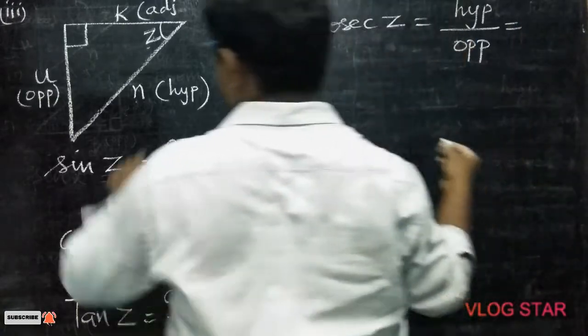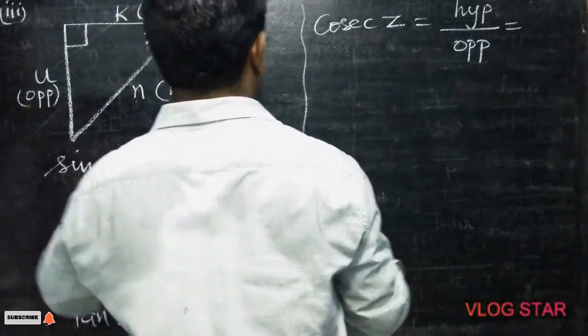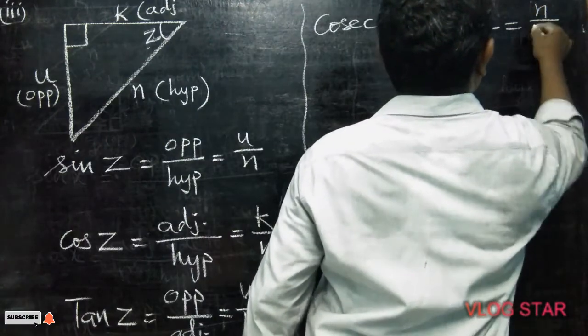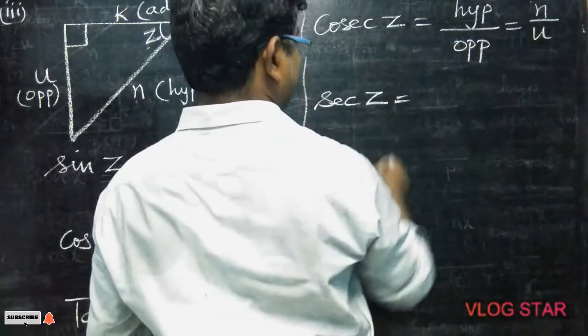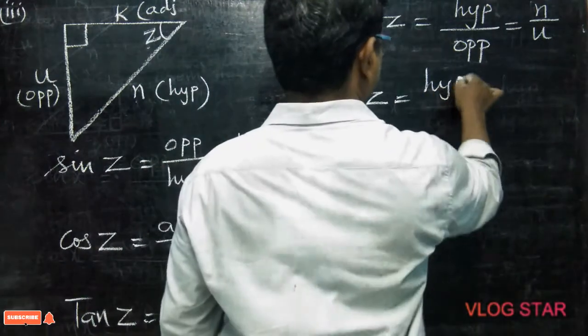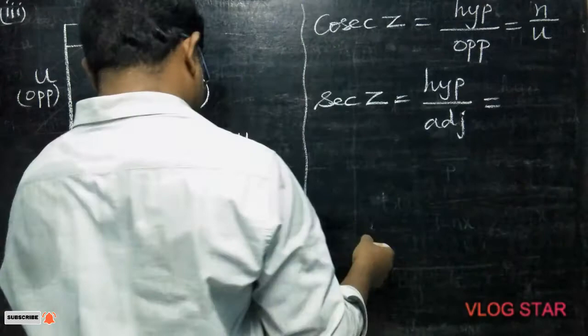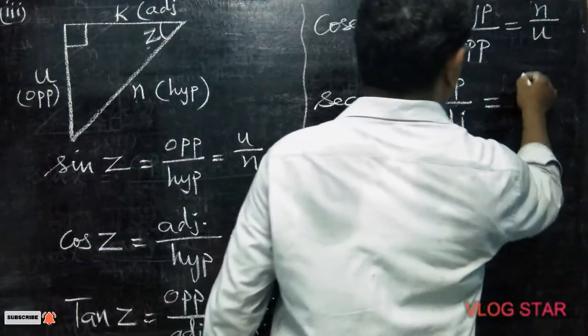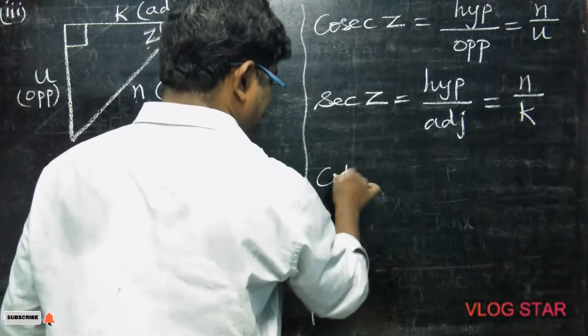What is the hypotenuse? N. And what is the opposite side? U. So n by u. N by u. Coming to secant z. Secant z means what? Hypotenuse by adjacent. Hypotenuse is n and adjacent is k. So n by k.